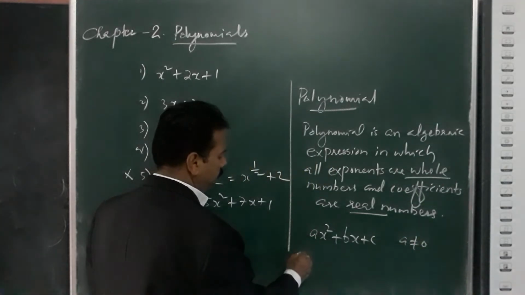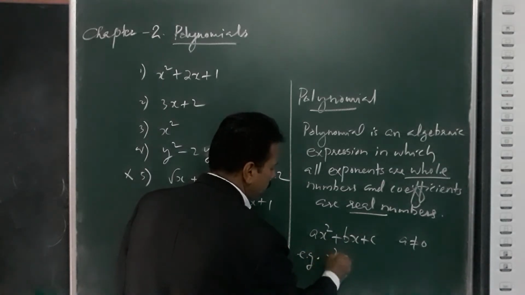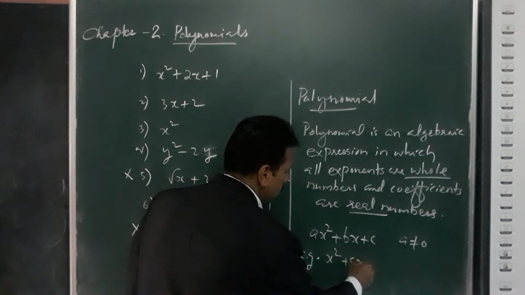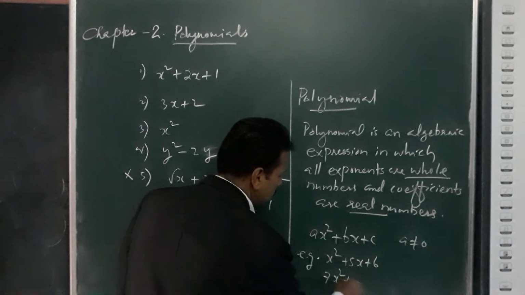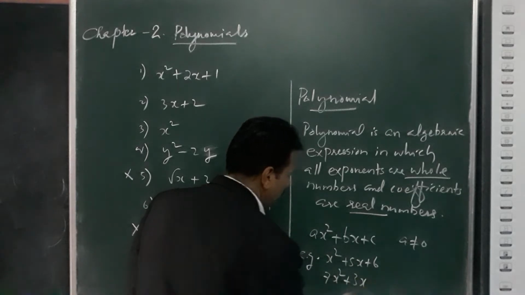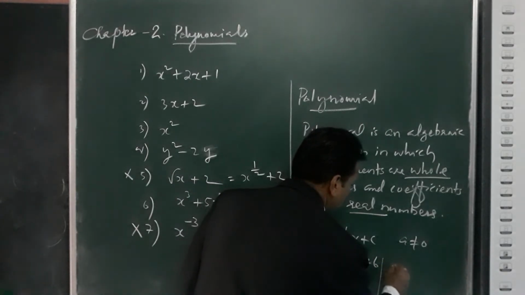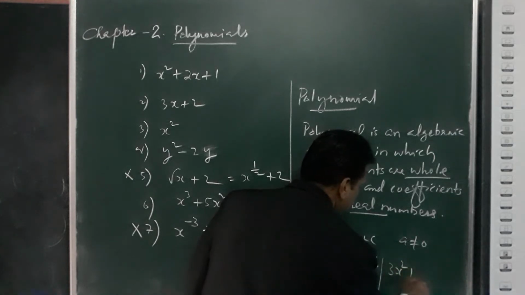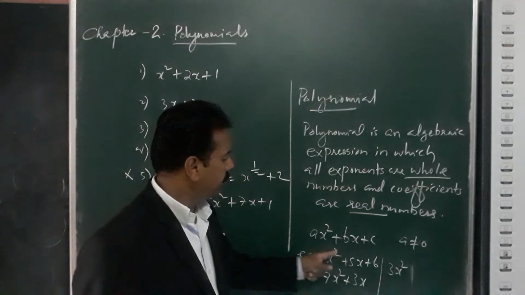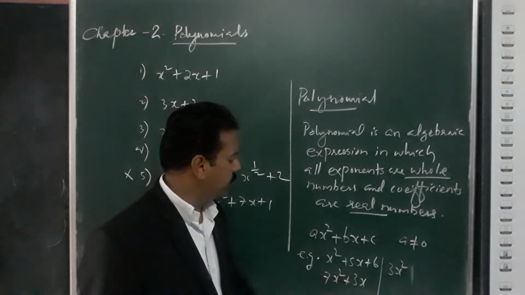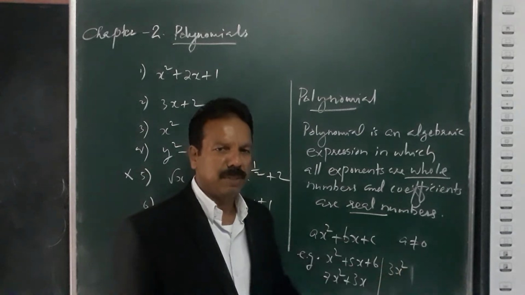For example, x square plus 5x plus 6, 7x square plus 3x, 3x square. Here 3 terms, with the quadratic term. Here 2 terms, with the quadratic term. There is only 1 term, the quadratic term.